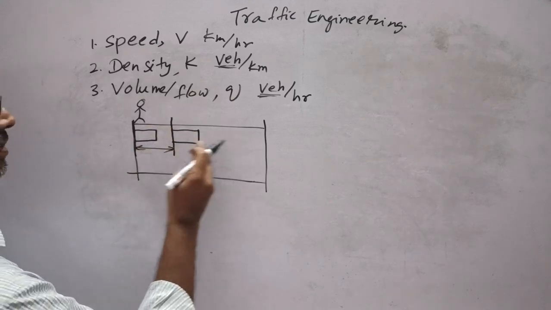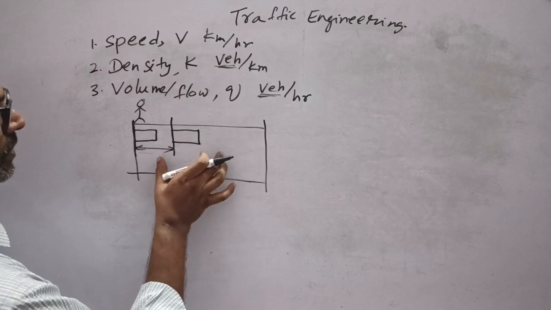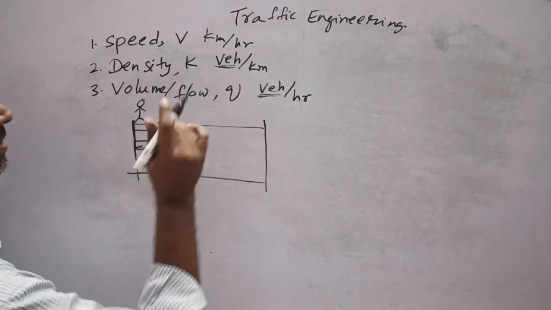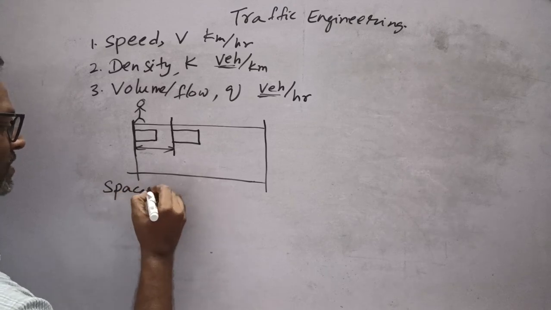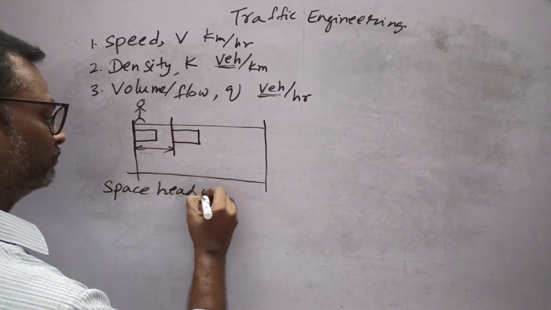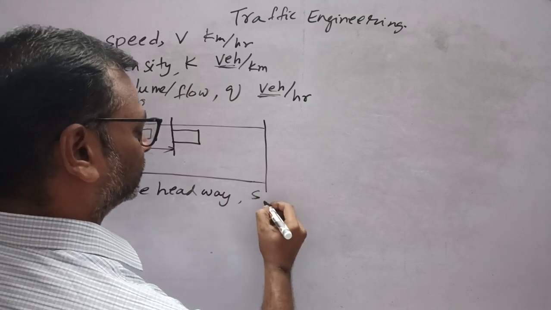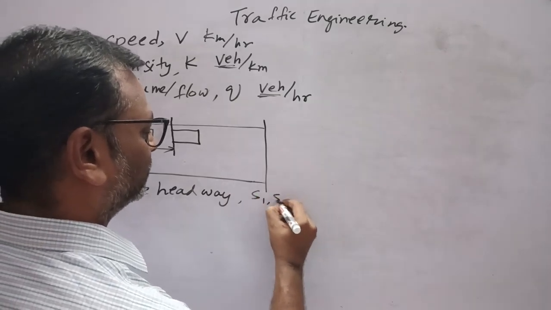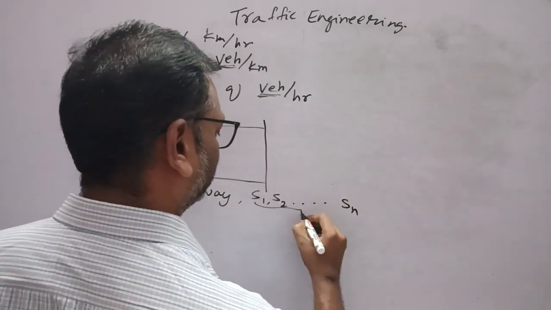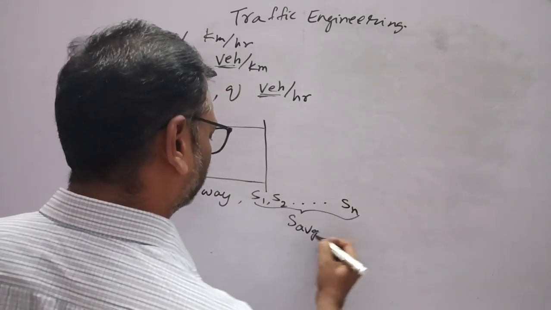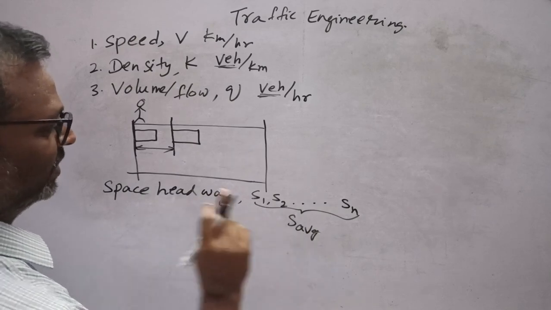We already marked the lengths on the road, and then we captured the video of that particular location, and we calculated the space gap, which is called space headway, between successive vehicles, say S1, S2 up to Sn, and we have taken the average. So the average of all the spaces between vehicles is the space headway.